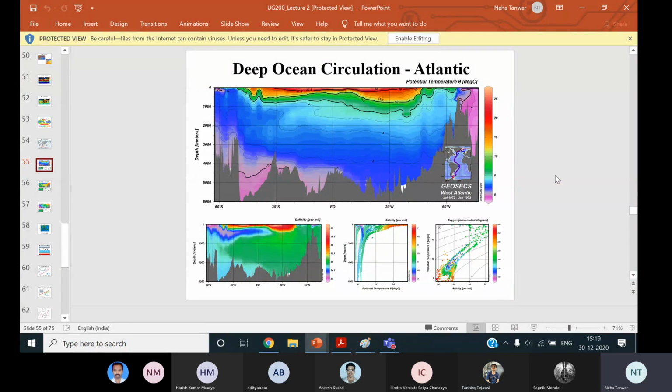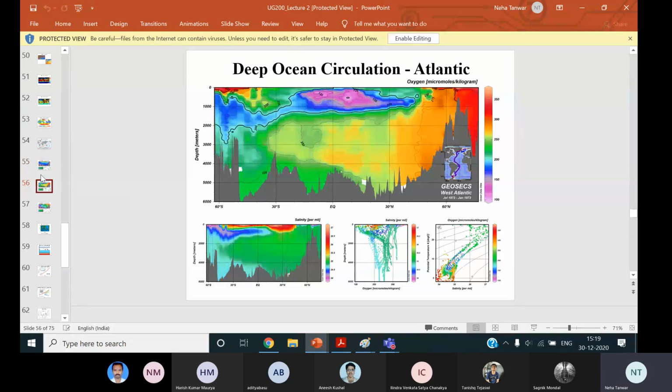When dense water sinks down, but how does it become dense? By high salinity and by lower temperature. At the equator, we have relatively high salinity.